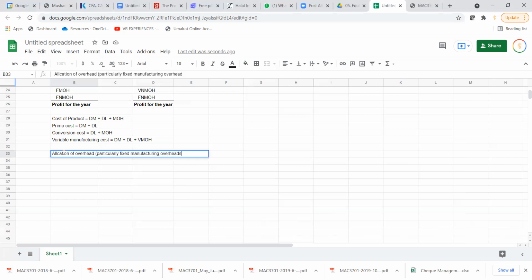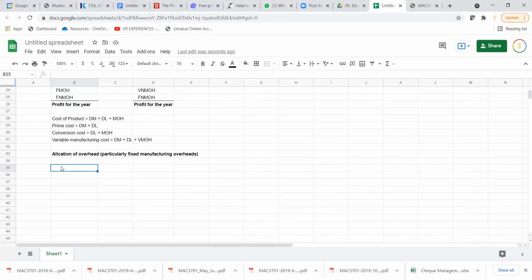Okay, so this can apply to any overheads, but for us, it generally has to do with fixed manufacturing overheads. Because it generally has to do with fixed manufacturing overheads, the allocation of overheads is only based on the absorption costing method.